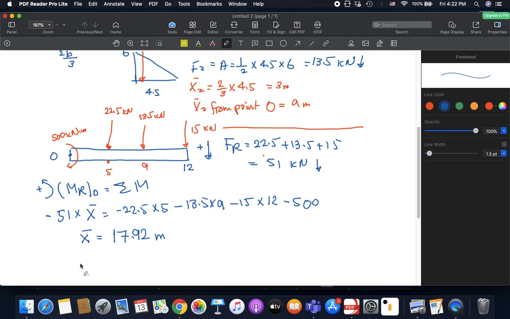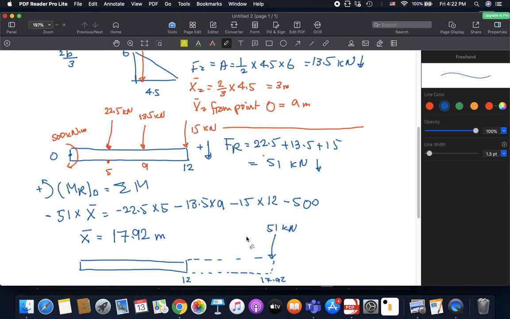So this actually means that if we had our beam with a length of 12 meters, then to have a system which is equivalent to this one, the actual length of the beam must be extended. This is from my own understanding. It should be extended to at least 17.9 meters. And here we apply our resultant force, which is 51 kilonewtons.